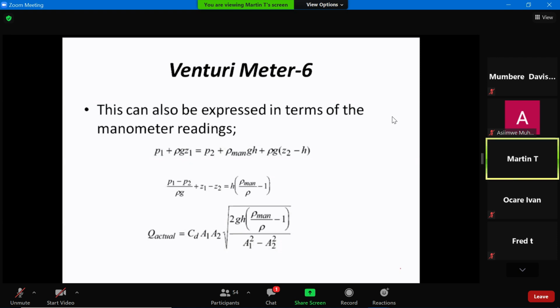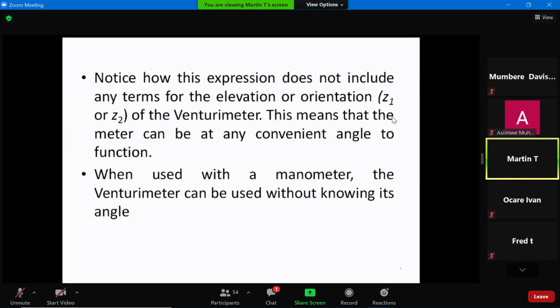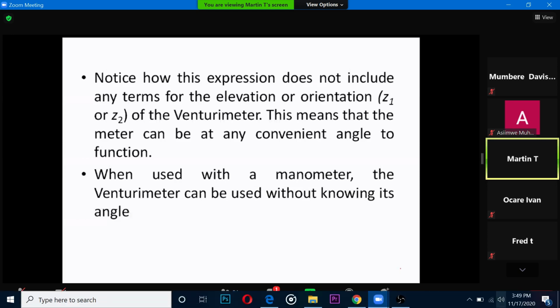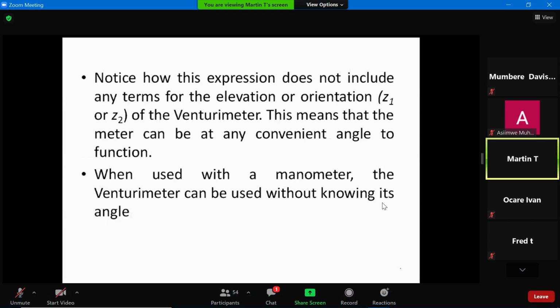So in conclusion, when you use a manometer, the venturimeter can be used without knowing its angle. Of course, its angle in a way dictates what the CD, the coefficient of discharge, is.